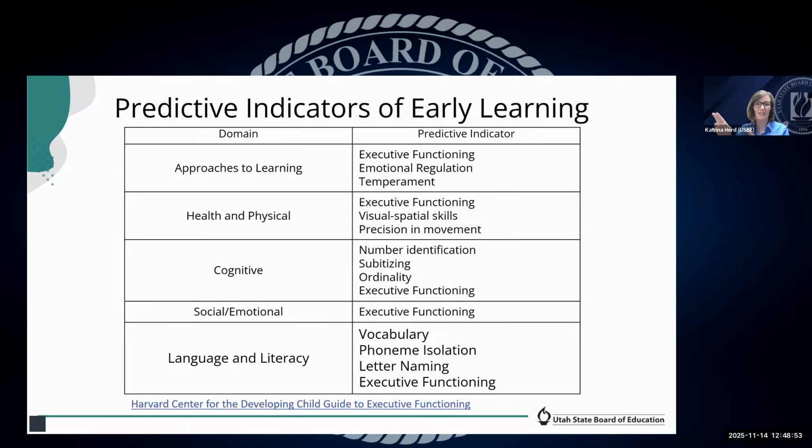I look at how that child is doing on their executive functioning, on their visual spatial skills, and on their precision and movement. And I'm going to pause for about 10 seconds and see what you notice about that right column, if there's anything that stands out. If you are able to type what stands out to you in the chat, awesome.